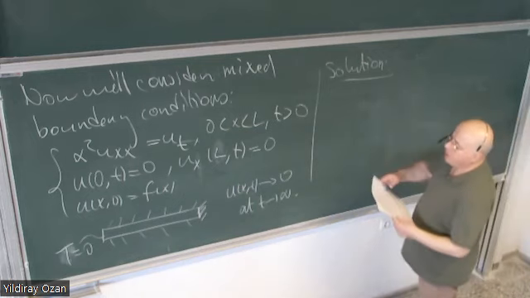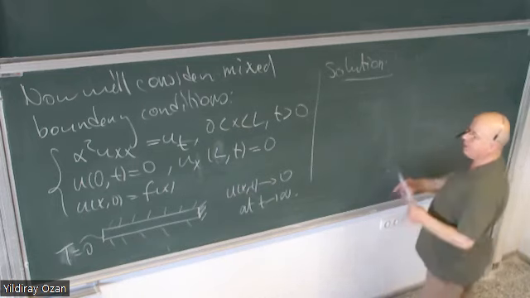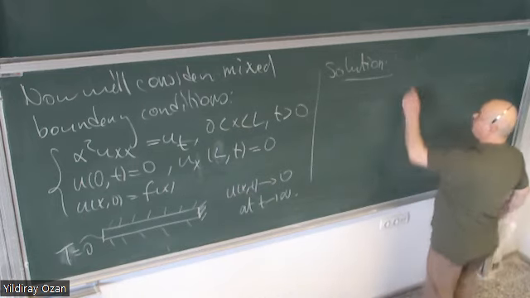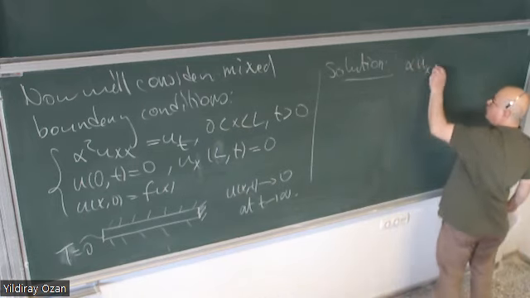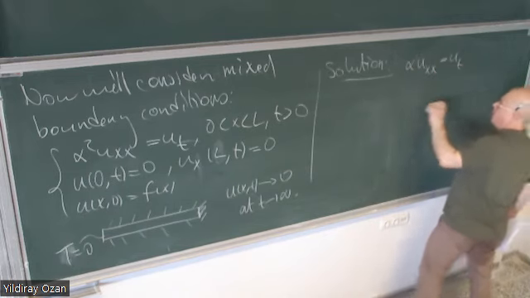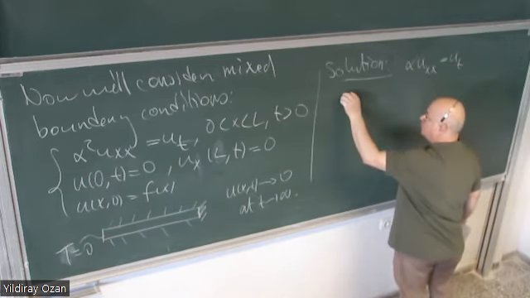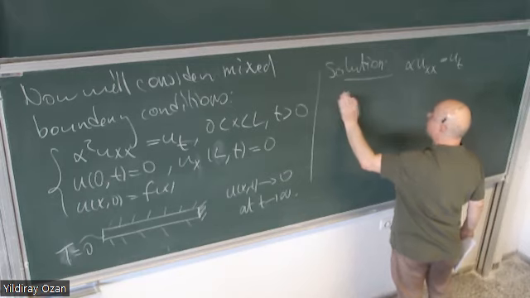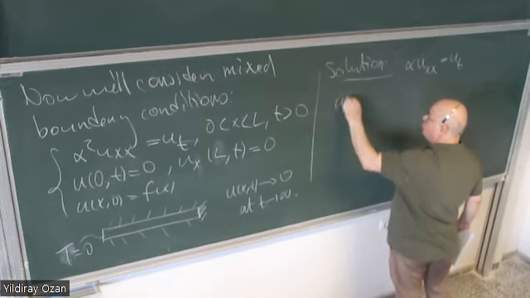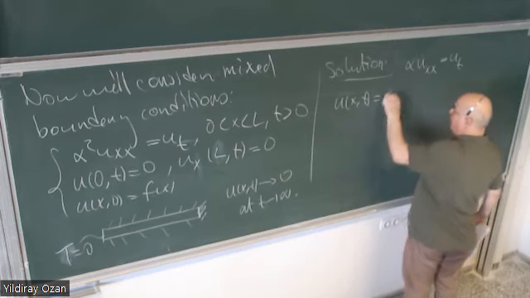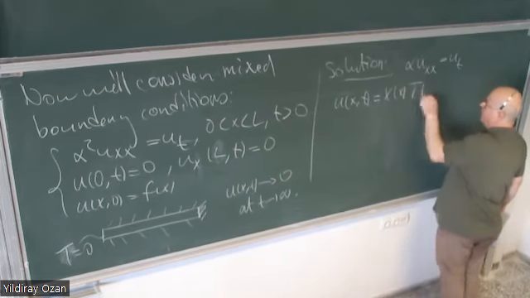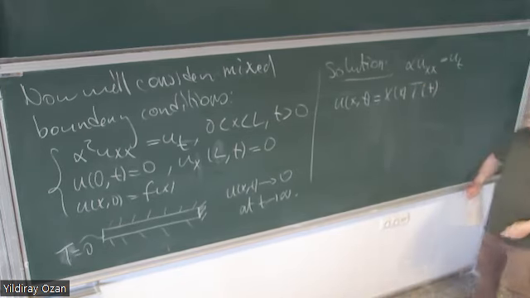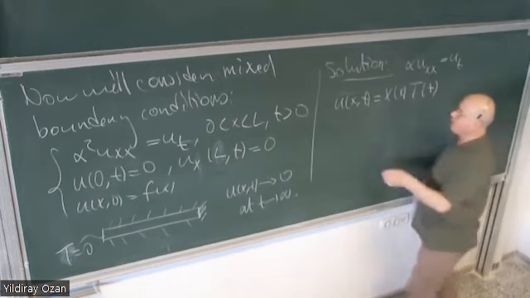Okay, so let's see how we can solve this equation. We just write down, as usual, our differential equation, and we look for solutions of this type, u(x,t) = X(x)T(t), right? So separation of variables technique.